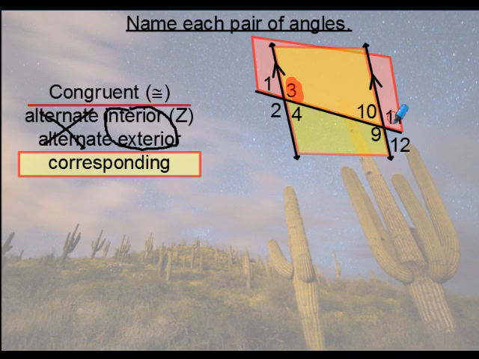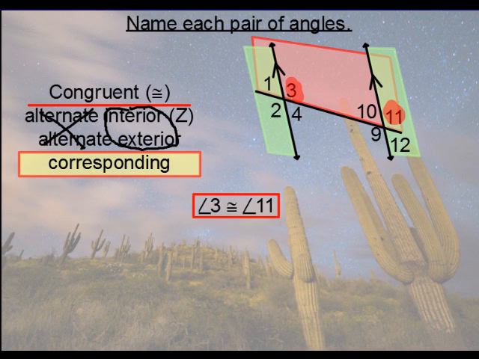So it's either going to be 10 or 11. And remember, it's a mixture of interior and exterior, so if one is interior already, then we focus on one that's not on the inside, but rather on the outside. So that leaves one other possibility, angle 11. Can you spot any others? In fact, there are 3 more pairs.